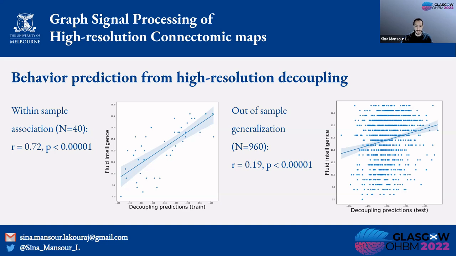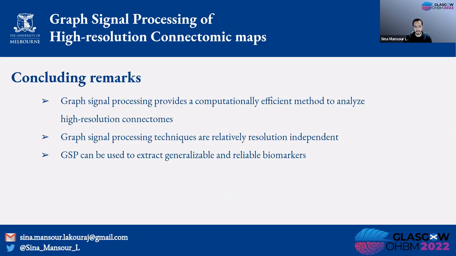This shows a really interesting observation about how graph signal processing applied onto high resolution connectomes can unravel interesting observations about the organization of the brain and how it relates to behavioral variations.